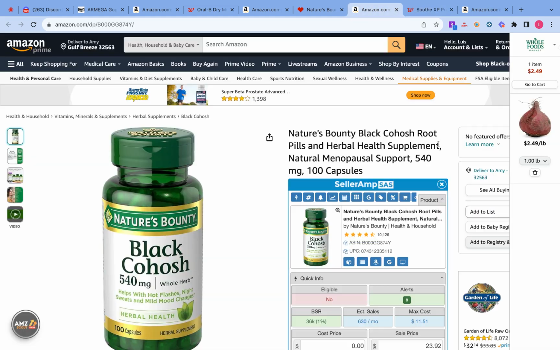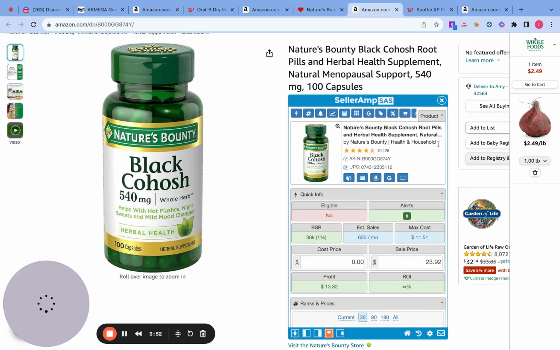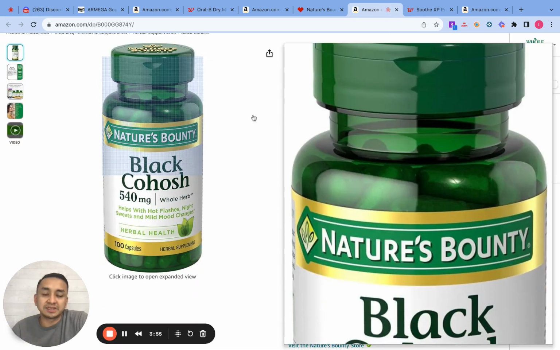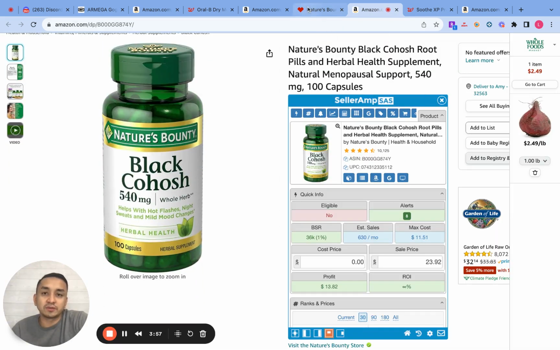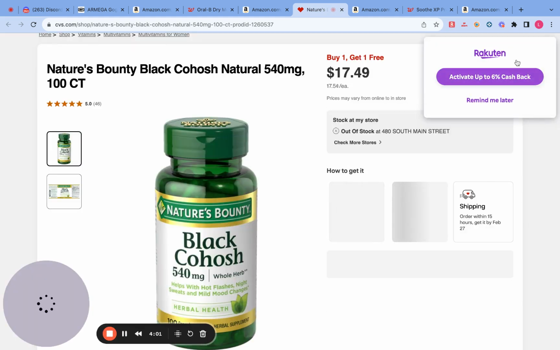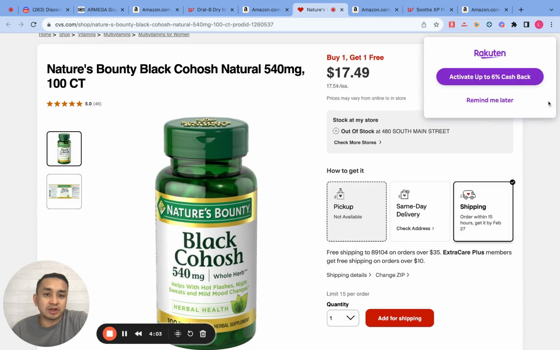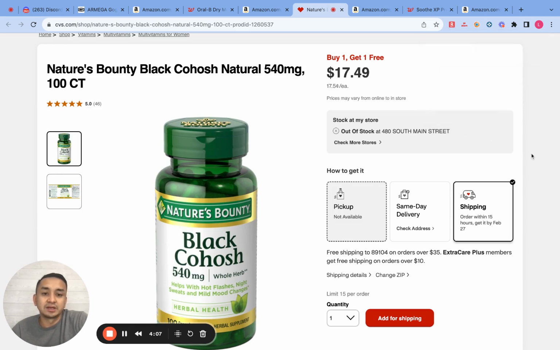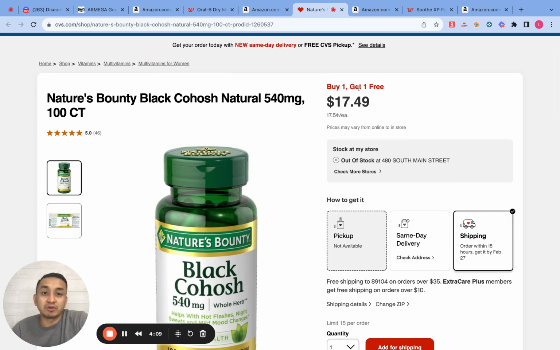Next product is this one. So again, right, look at the title, description, color of the product. Make sure that the products match. So also note that Rakuten is giving you an extra 6% cash back right there. So it's buy one get one free.